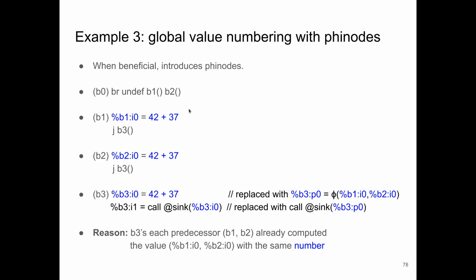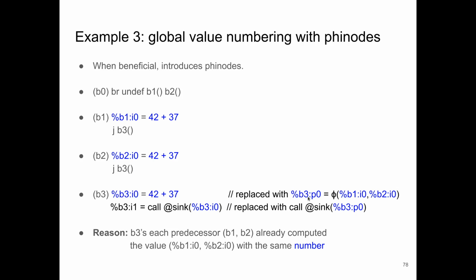So in order to reduce the computations, even in this case, there's an idea, which is inserting a phinode that is collecting this computation at the beginning of B3. So it is going to be done in this way. Instead of computing again, we're going to introduce a phinode.